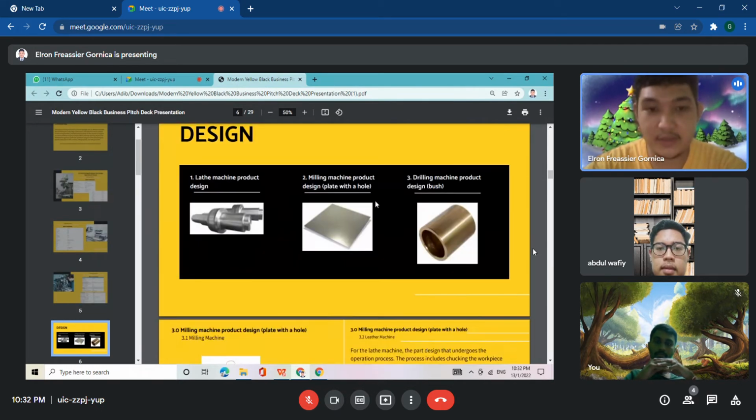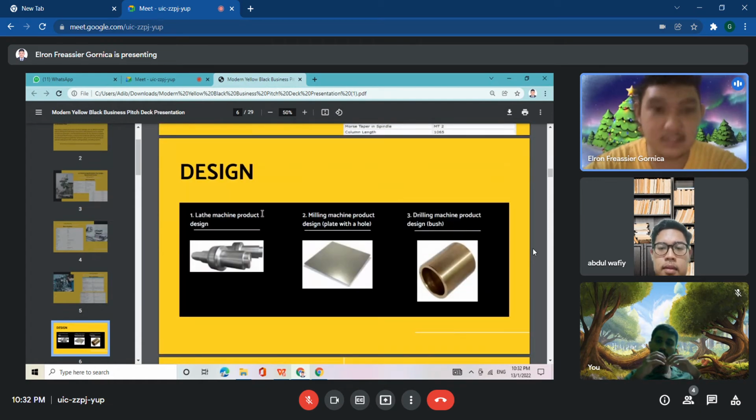Next, we go to our design part, and this is the figure. Here is the product design produced by the machine. For the milling machine, we have this plate with a hole, which means the final product has a hole above this mild steel workpiece.